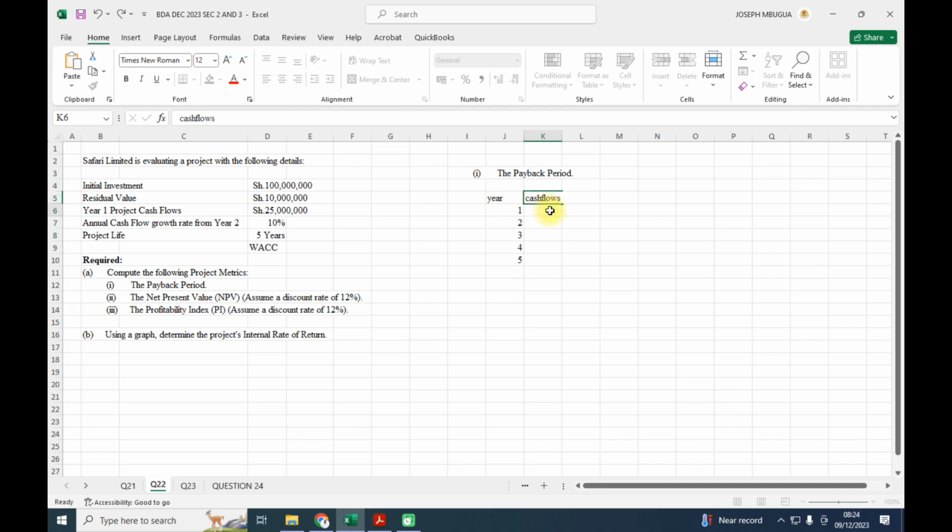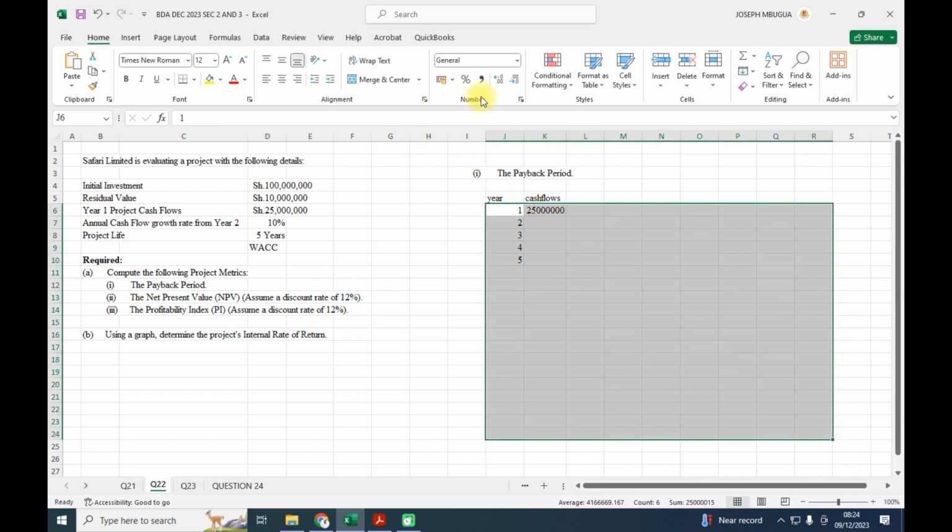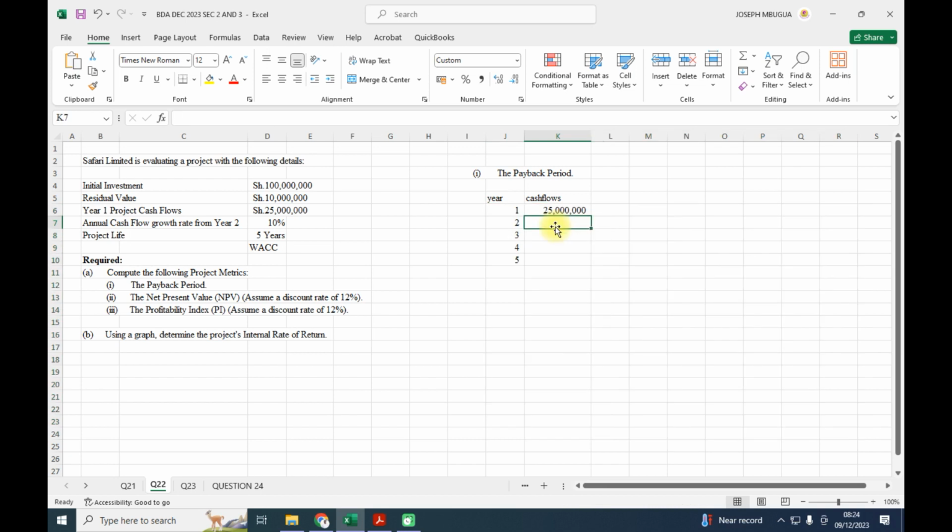We know year 1 is 25 million. Here on we have 25 million, and I can highlight there and use shillings in thousand with 0 decimal place, and it is growing from year 2 at the rate of 10%.